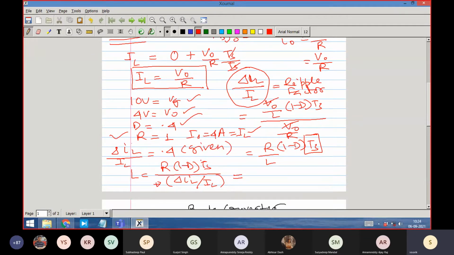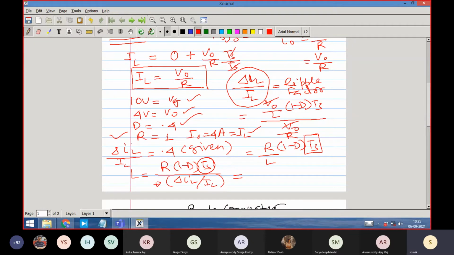Suppose you are not choosing it, and you are supposed to choose the value of L. In which direction will you choose the switching period or switching frequency in this case? What will give you an advantage in terms of size? Can you see the advantage of choosing a low value of Ts here?